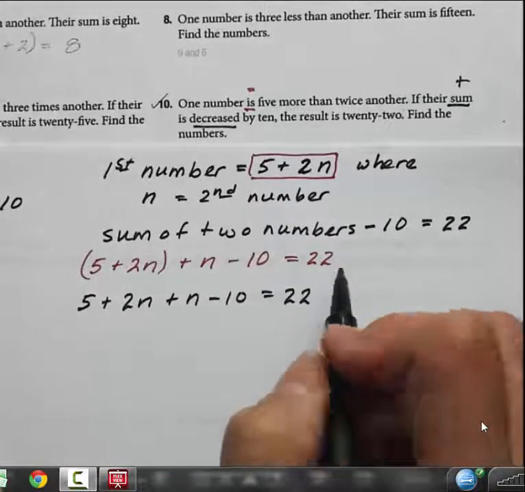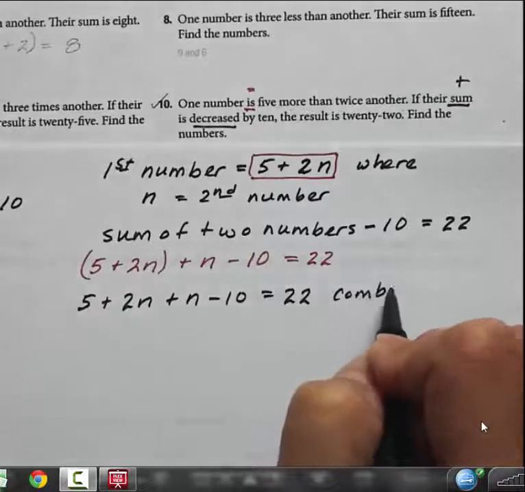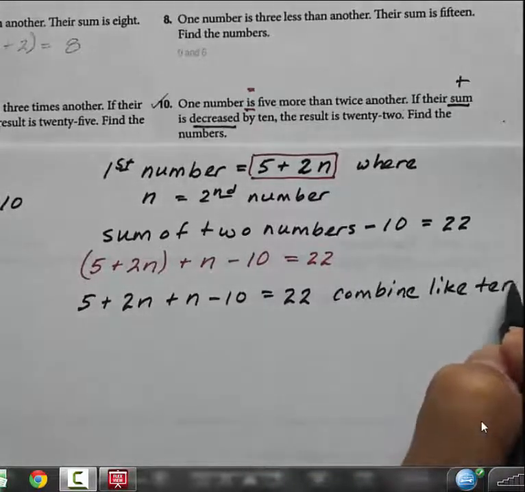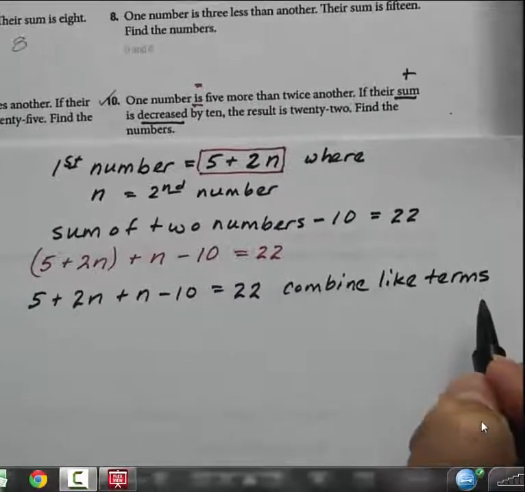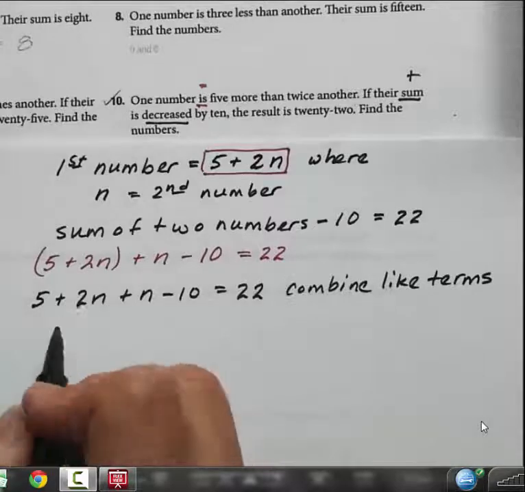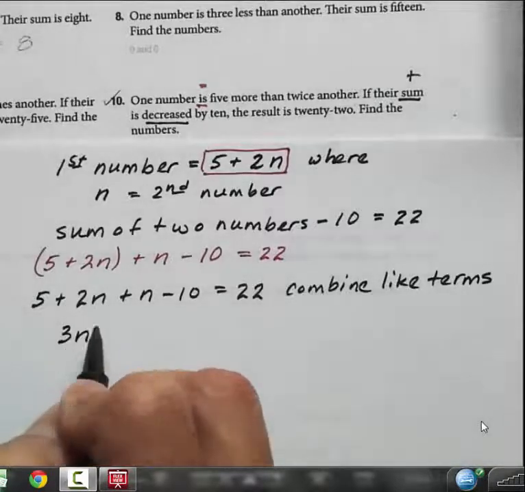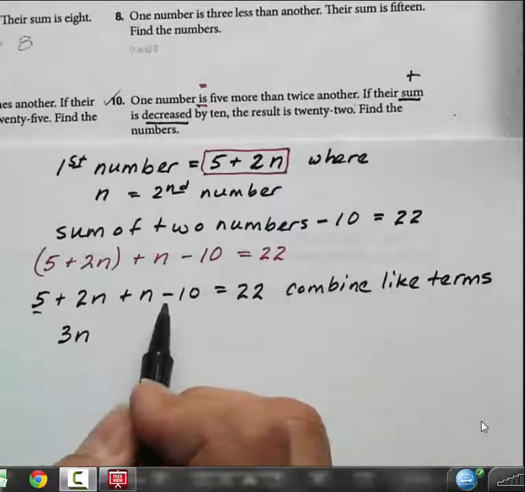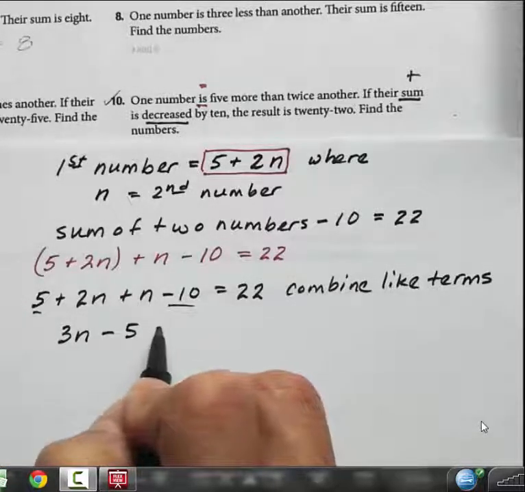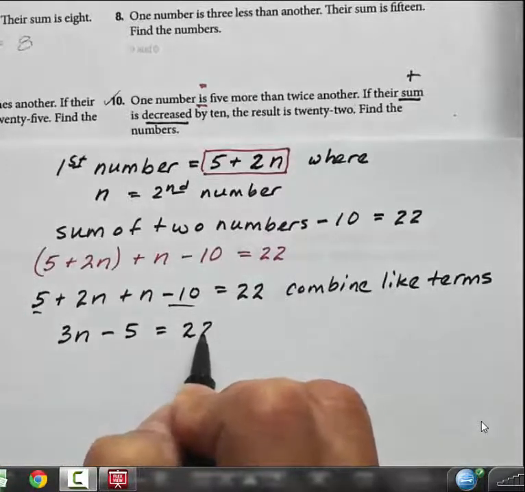Then I'm going to combine like terms. I'm going to combine my n's that are on the left side here. So I have a 2n and an n, that gives me 3n. And I have a 5 and a minus 10, so that's going to be a negative 5. And that has to be equal to 22.